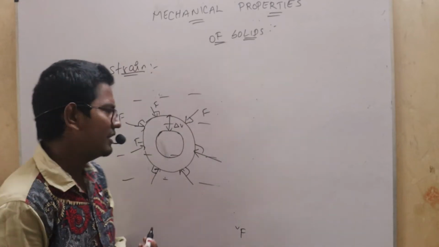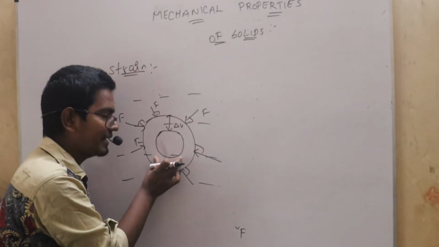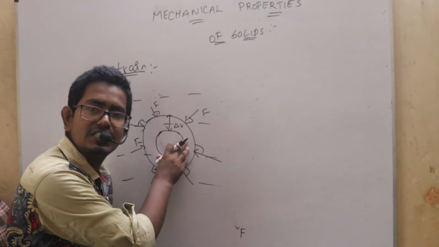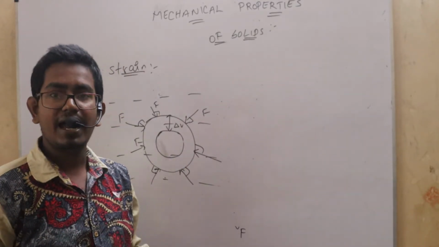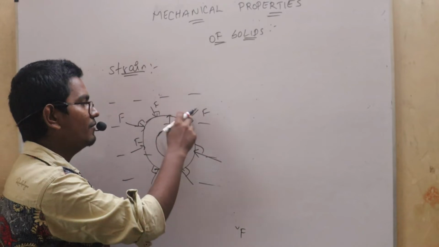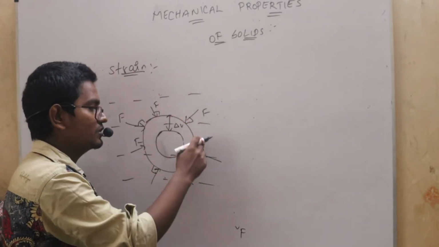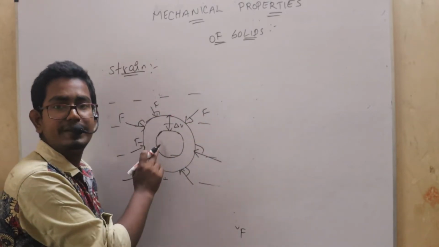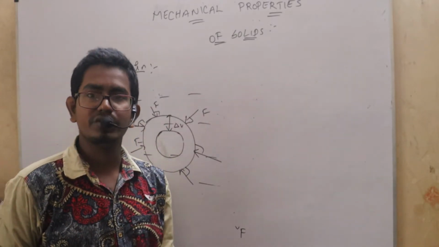As you know already, whenever force is experienced by this metallic sphere, inside the metallic sphere a force will get generated, which is known as the restoring force. And if these deforming forces, the water molecule forces, are removed, it will regain its original size and original shape.